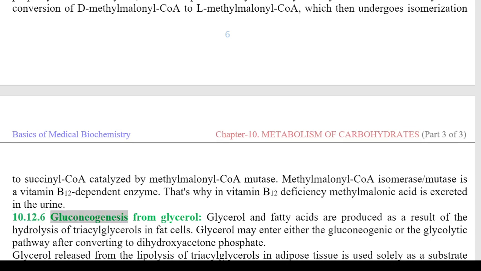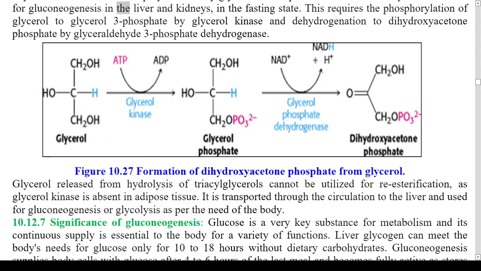10.12.6 Gluconeogenesis from glycerol. Glycerol and fatty acids are produced as a result of the hydrolysis of triacylglycerols in fat cells. Glycerol may enter either the gluconeogenic or the glycolytic pathway after converting to dihydroxyacetone phosphate. Glycerol released from the lipolysis of triacylglycerols in adipose tissue is used solely as a substrate for gluconeogenesis in the liver and kidneys, in the fasting state.